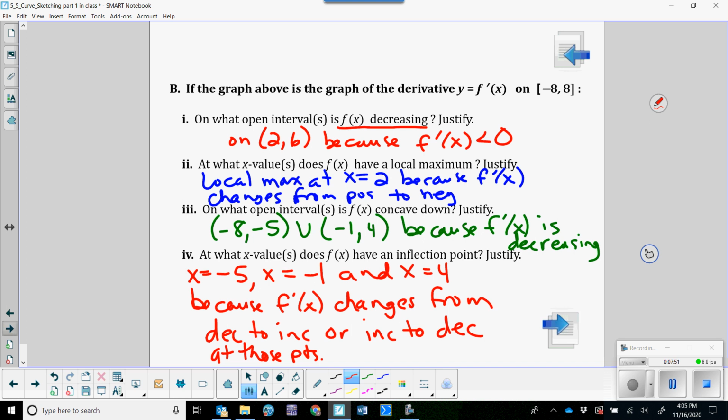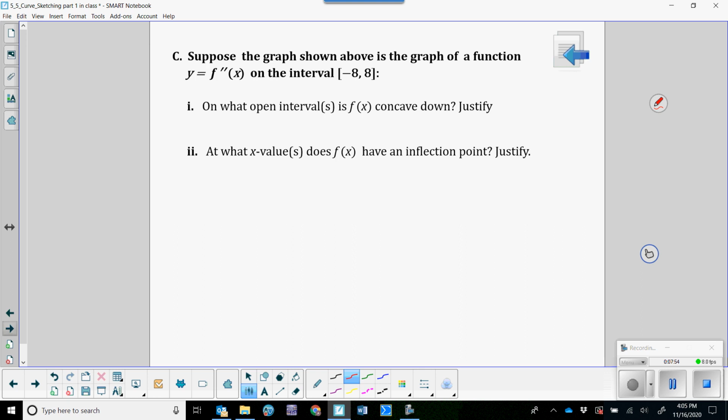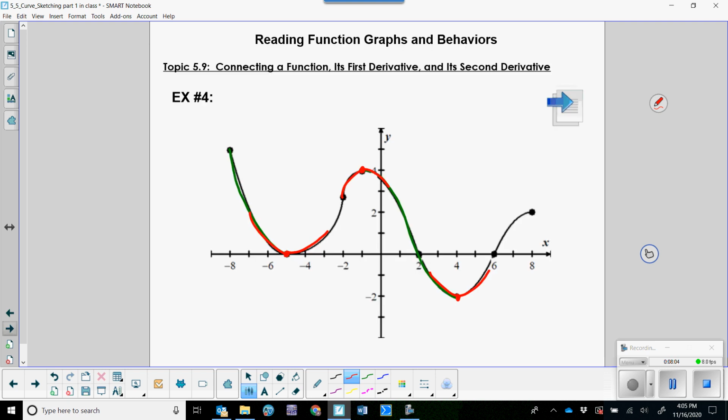Okay, next thing that we're going to do with the graph is we're going to say, now let's suppose same graph happens to be f double prime. So if this graph is f double prime, we want to know when would f be concave down. I've got to quit looking at the shape and say to myself, if this is f double prime, what does f double prime tell me about f?